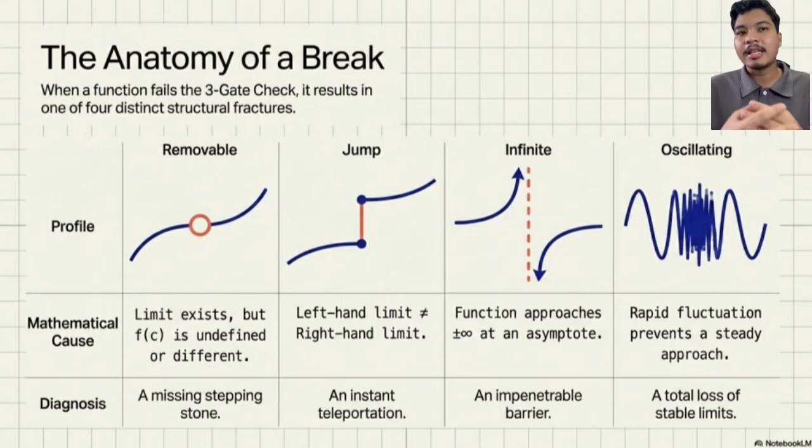Number two is jump, which represents an instant teleportation where the left and right limits do not meet together. Next is infinity, an impenetrable barrier where the function approaches infinity. And the last one is oscillating, a total loss of stability where rapid fluctuation prevents a steady approach.